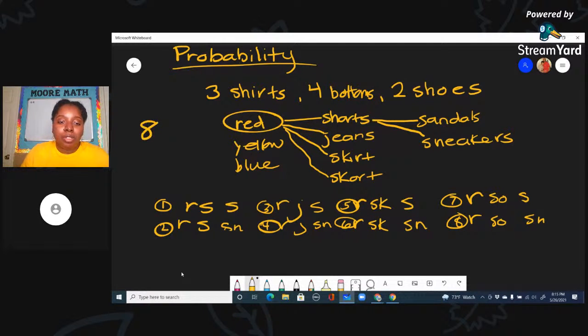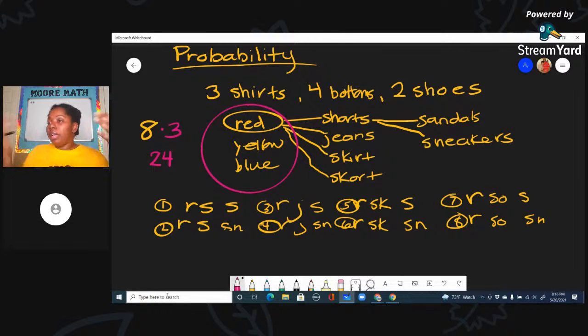How many color shirts did you have? 3. So we could do 8 times 3 and we get what? 24. Excellent. So we have 24 possibilities.